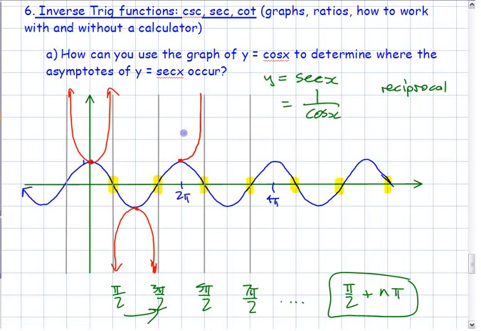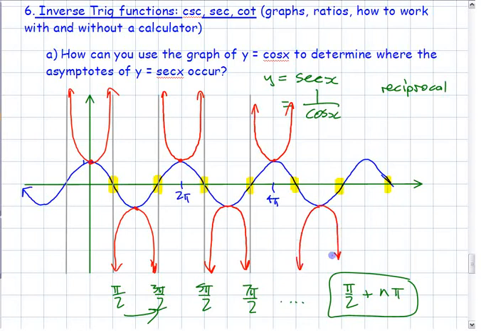If we speed this up here, not drawing very accurately, but close enough. These should all be symmetric if I was drawing them nicely. Think about what the period of that is. The period is going to be exactly the same as it is for cosine, because however often this repeats, cosine repeats every 2 pi.